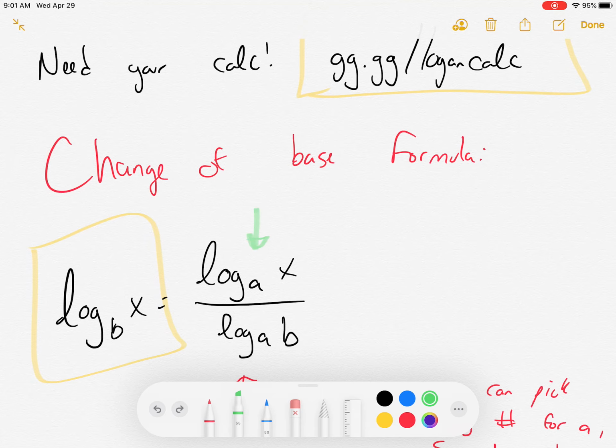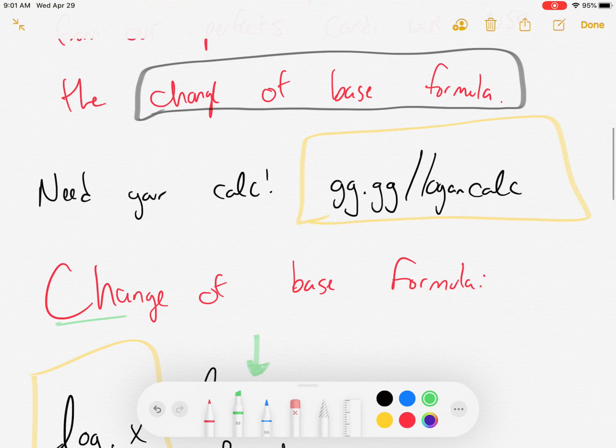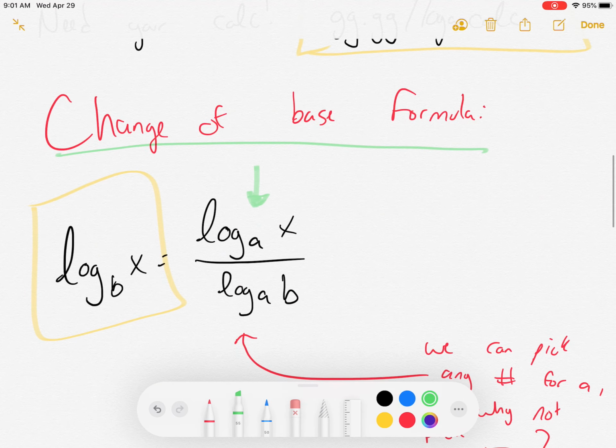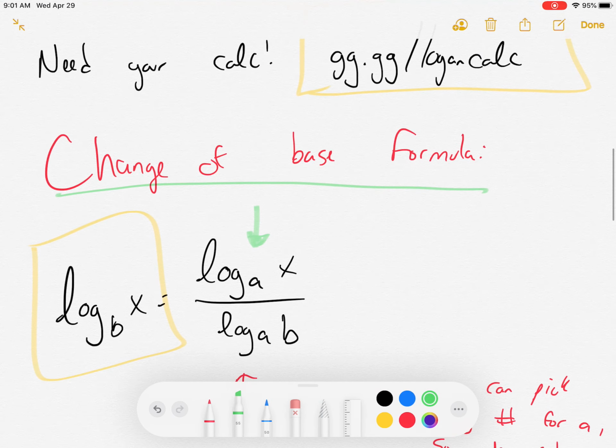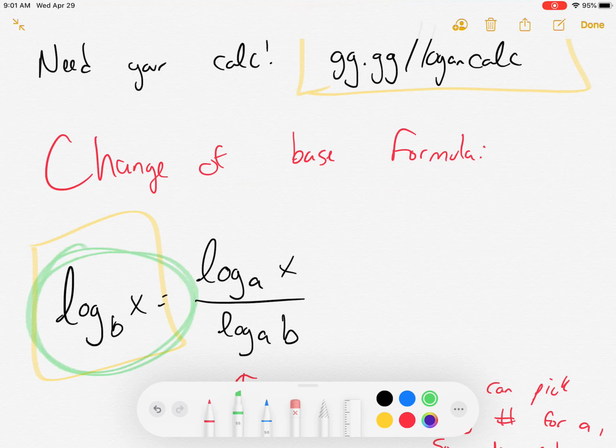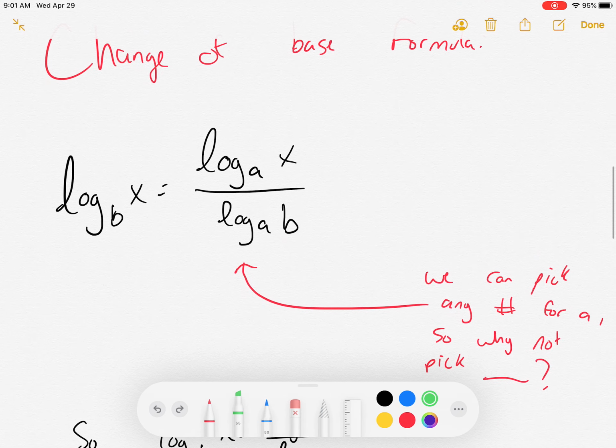But I do want to talk about where this a comes from. Well, we are changing the base. We are adding in some base that isn't in the original problem. Again, there is no letter a in there. There's only a b and an x. So we can pick any number for that a. So why not pick one that's really easy, like 10?